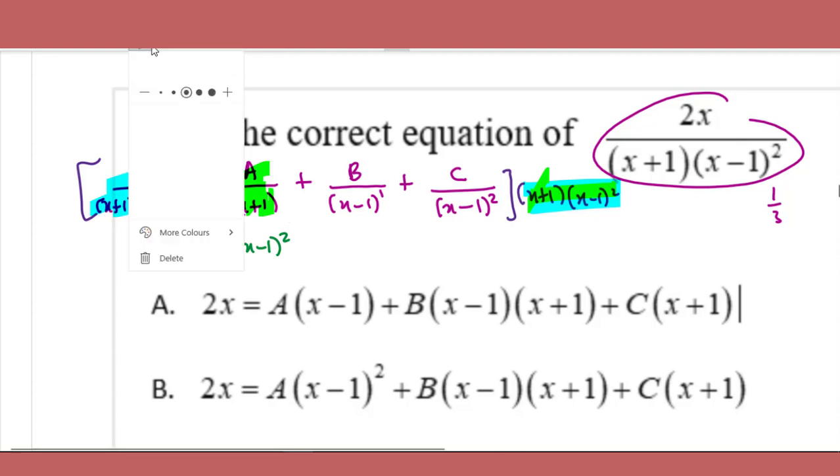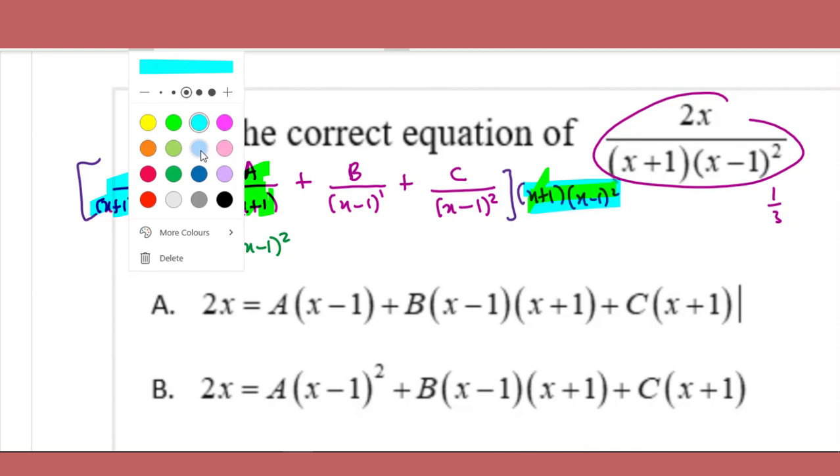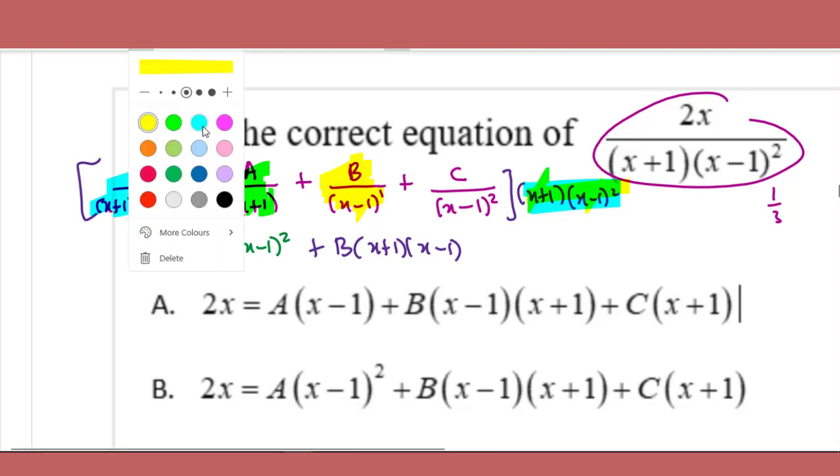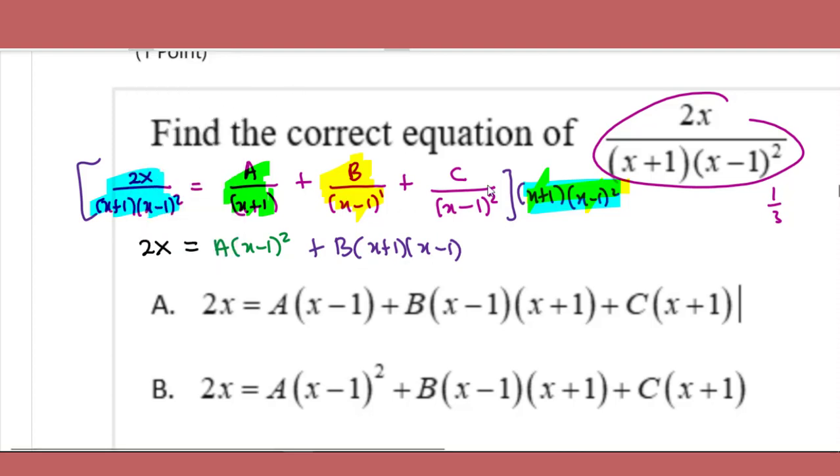Okay, next is this one. Multiply this term with this, cancel 1 bracket. So the answer is plus B times x plus 1 times x minus 1. The last one, select this term, multiply this term by this, then cancel. Just get 1 bracket.